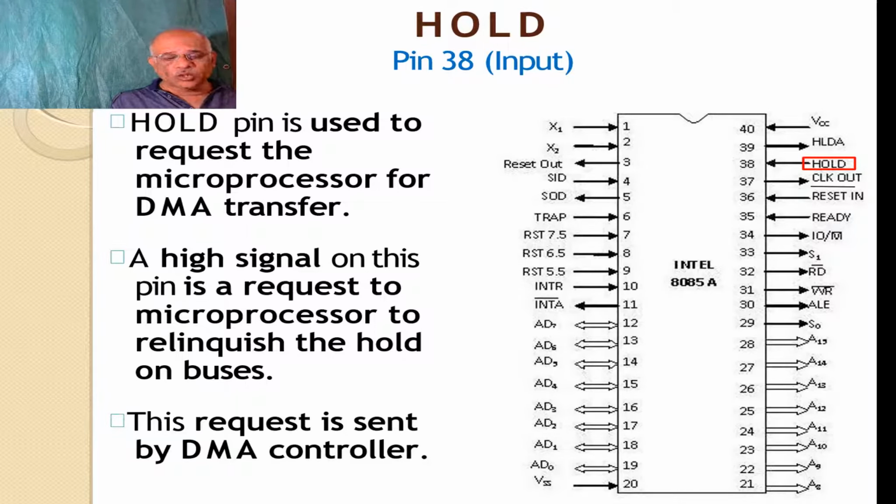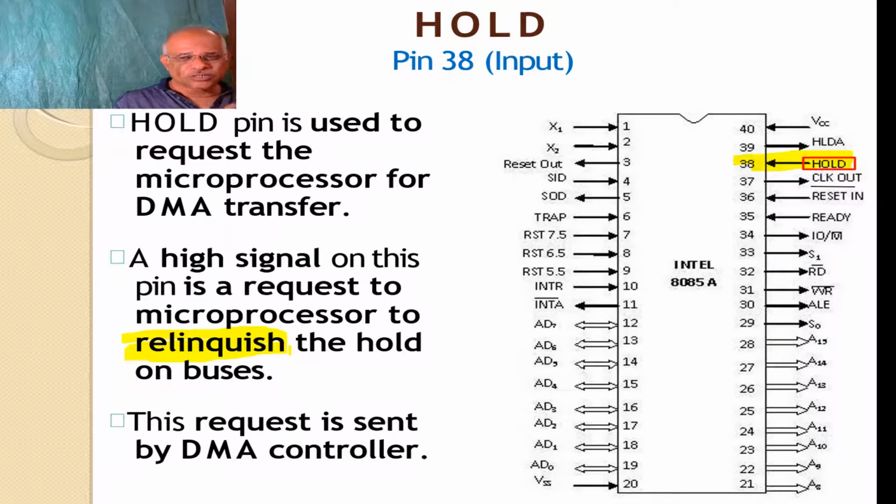Whenever the DMA controller controls the transfer of data, the microprocessor relinquishes the buses. This is the new word for you: relinquish. Relinquish means breaking the connection. Whenever the microprocessor relinquishes the data and address bus, it has no control over them.